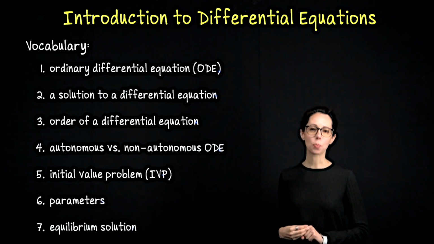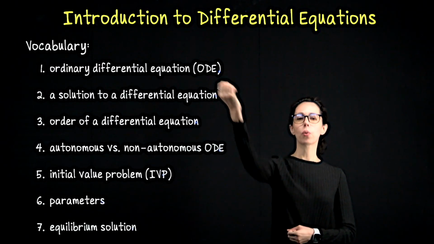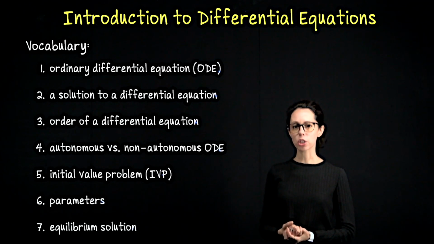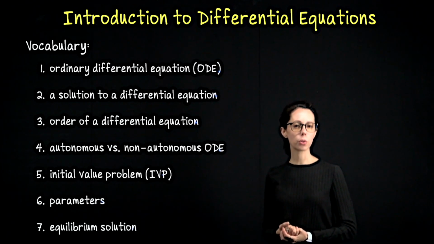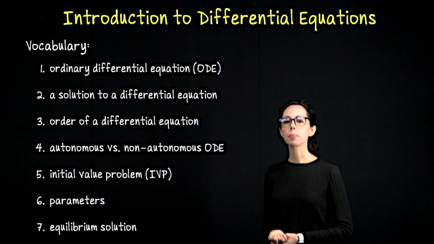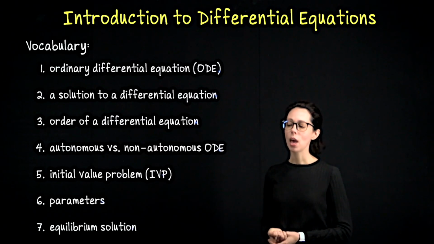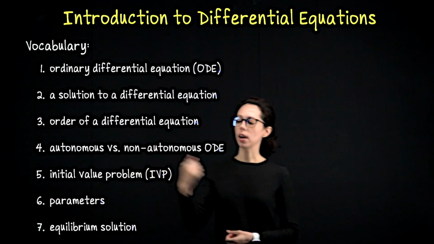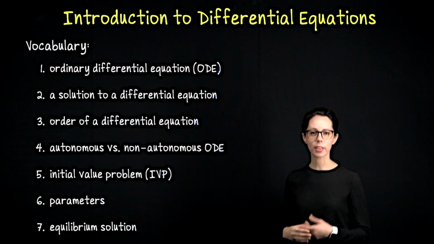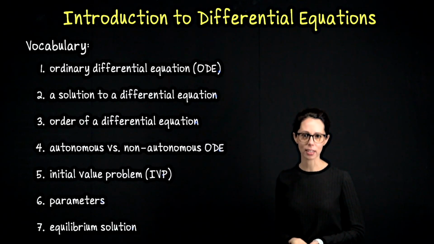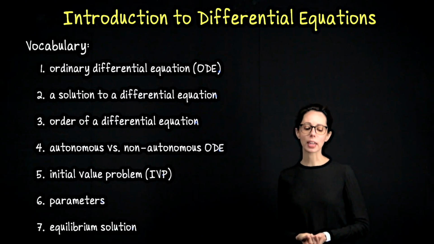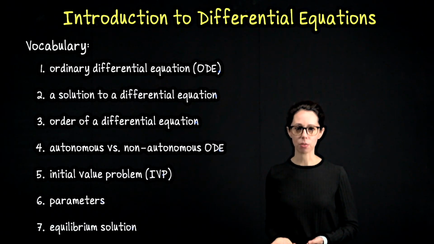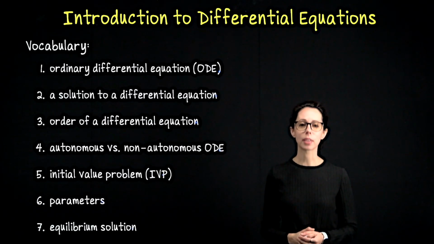An initial value problem is an ordinary differential equation where, in addition to the equation, you're given information about how the solution and maybe some of its derivatives must behave at a point in the domain. Parameters are constants in a differential equation that might vary in different scientific settings. For example, parameters might encode information like birth rate and death rate, or half-life for a chemical substance.